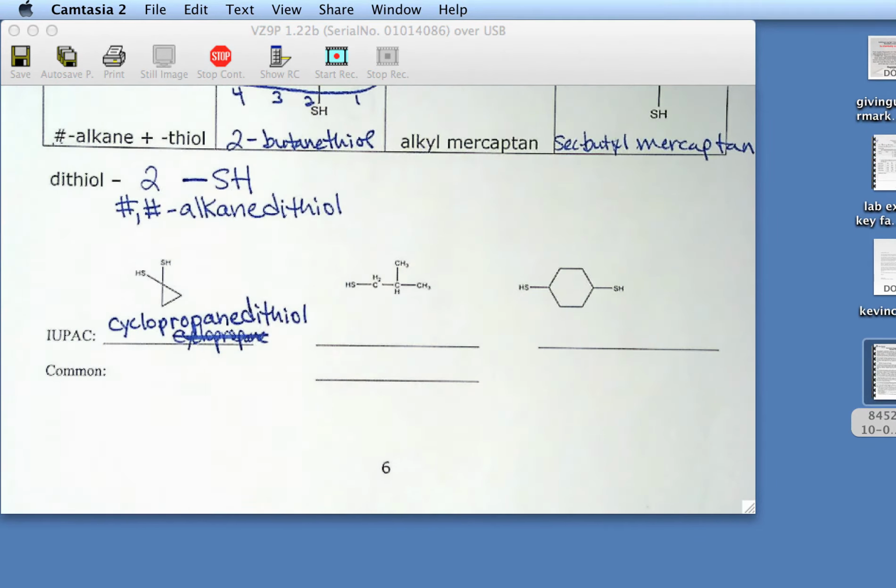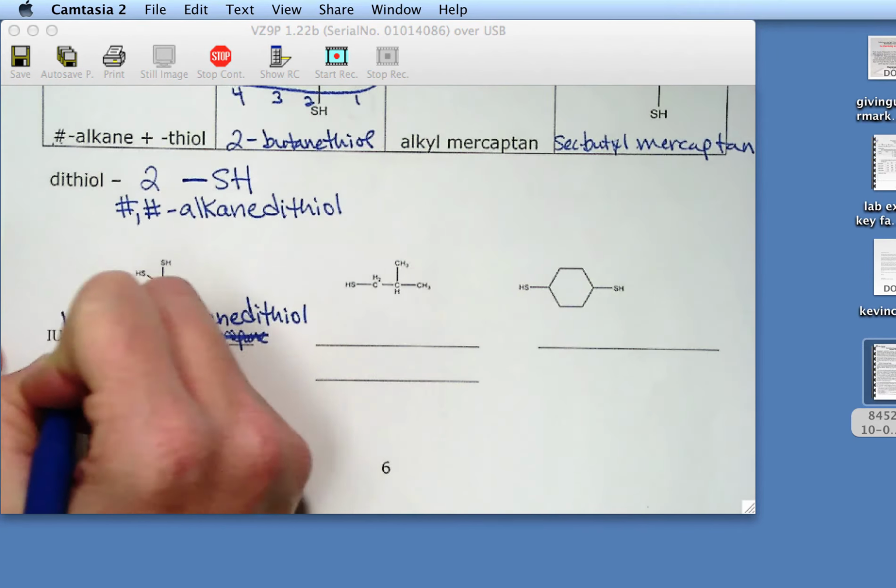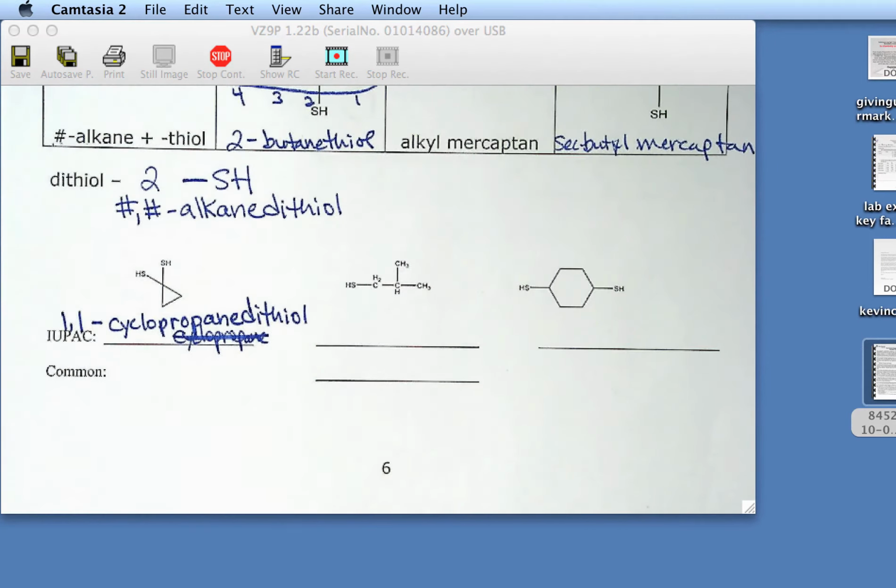Since there are 2 SHs, we could have 1,2-cyclopropanedithiol, or you could have 1,1. If it was just 1 SH, then you wouldn't put the number. But since it's 2 SHs, you need to put 2 numbers. So 1,1-cyclopropanedithiol.